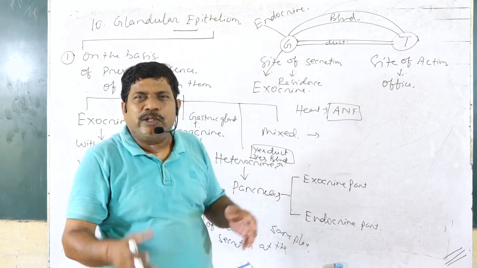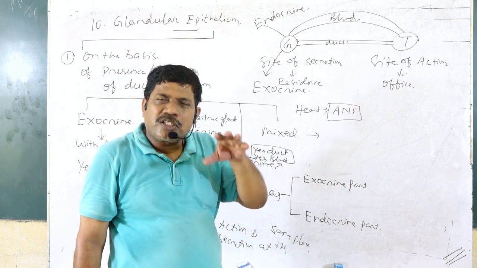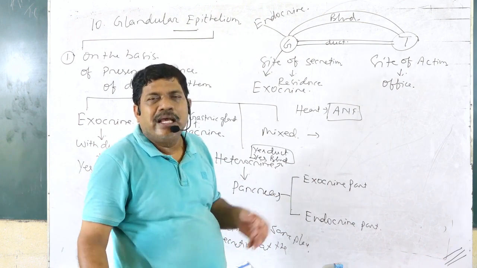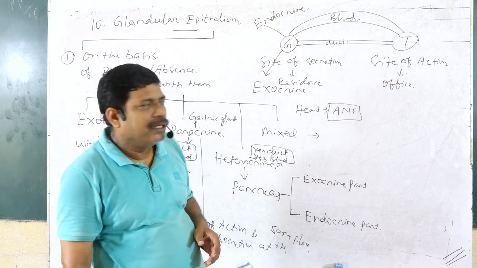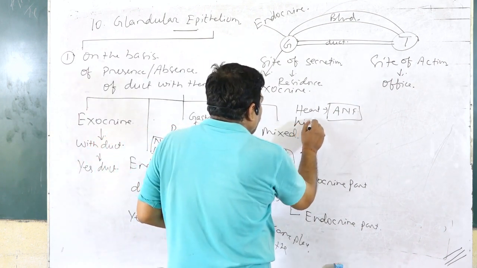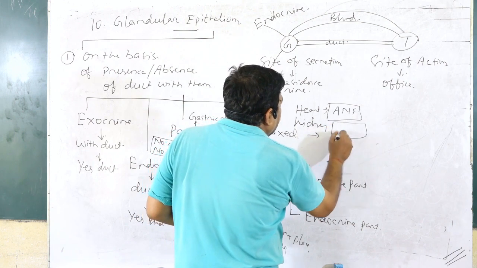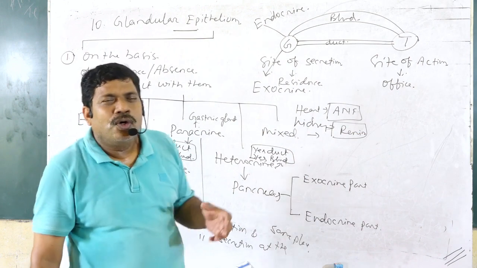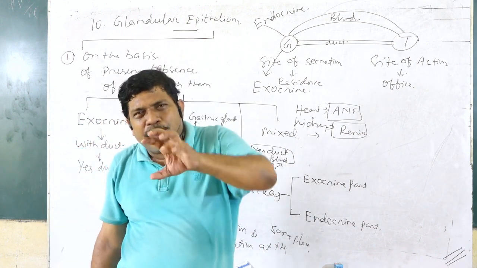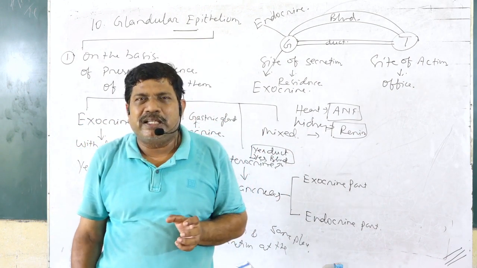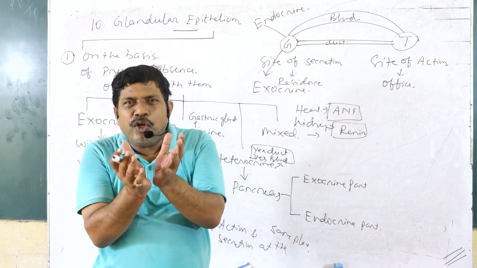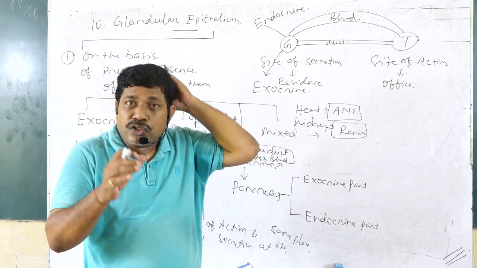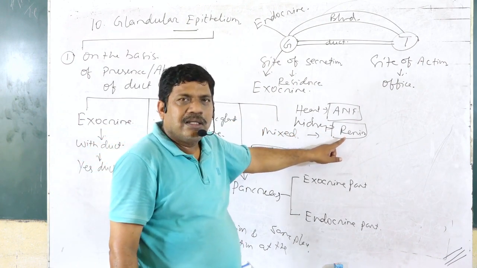Kidney, the chief excretory organ, still performs a glandular function. Angiotensinogen, renin, an enzymatic hormone, is secreted. So it is a mixed gland: in addition to its major physiological activity, the excretory function, the kidney also secretes renin.